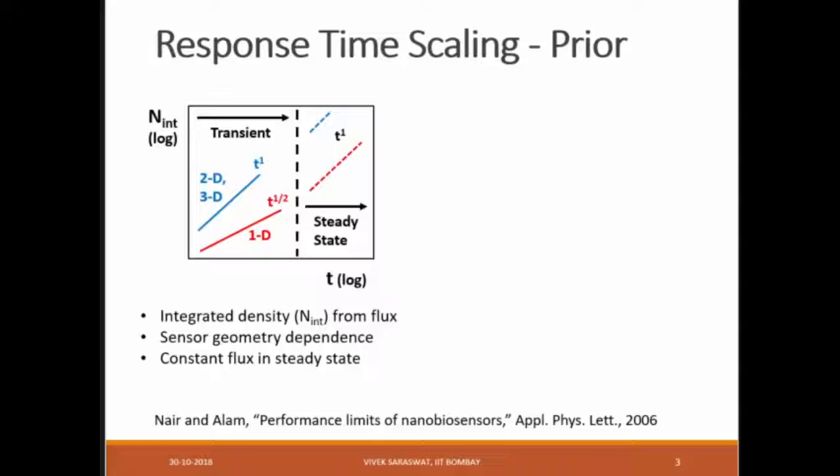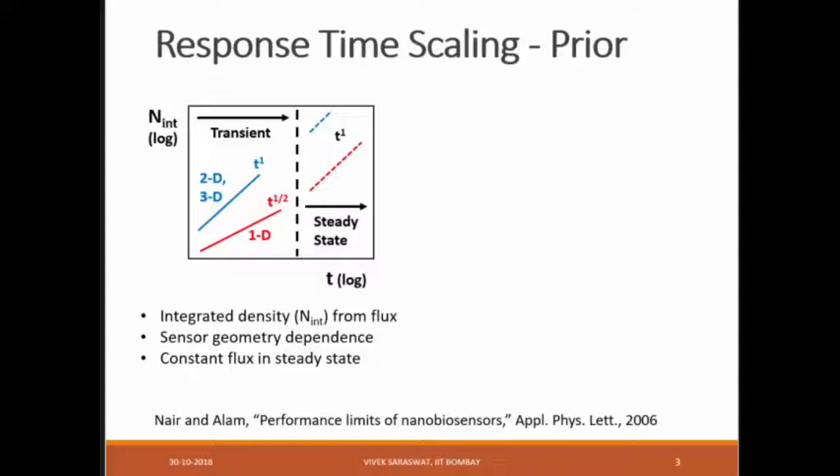So what is known to us? Let's look into diffusion limited sensing. Here we have a sample graph of the integrated density of the gas on the sensor surface and how it varies with time.